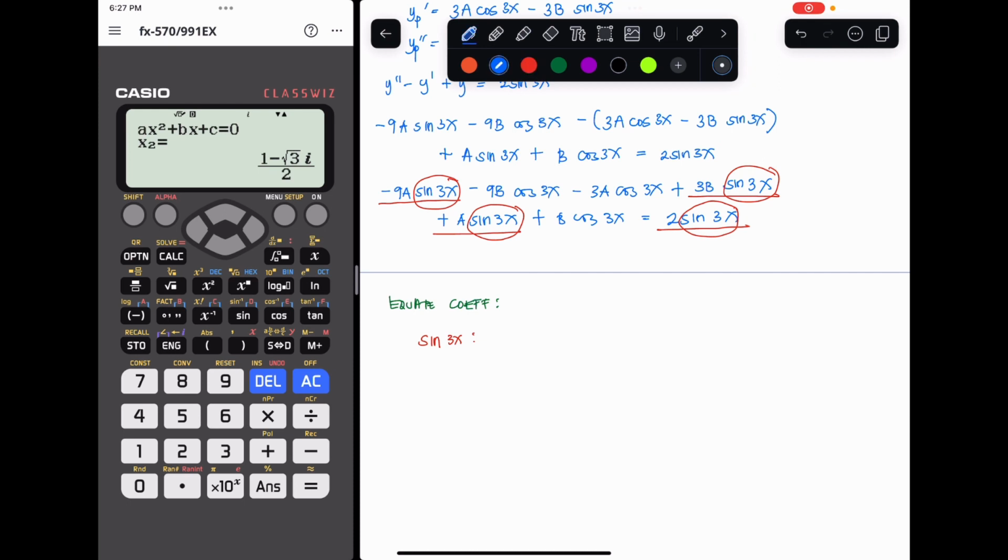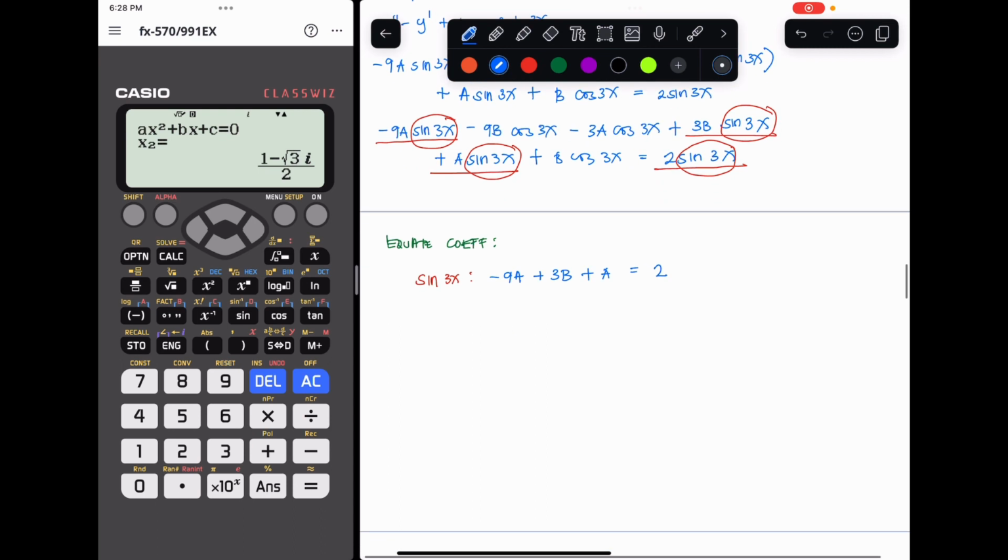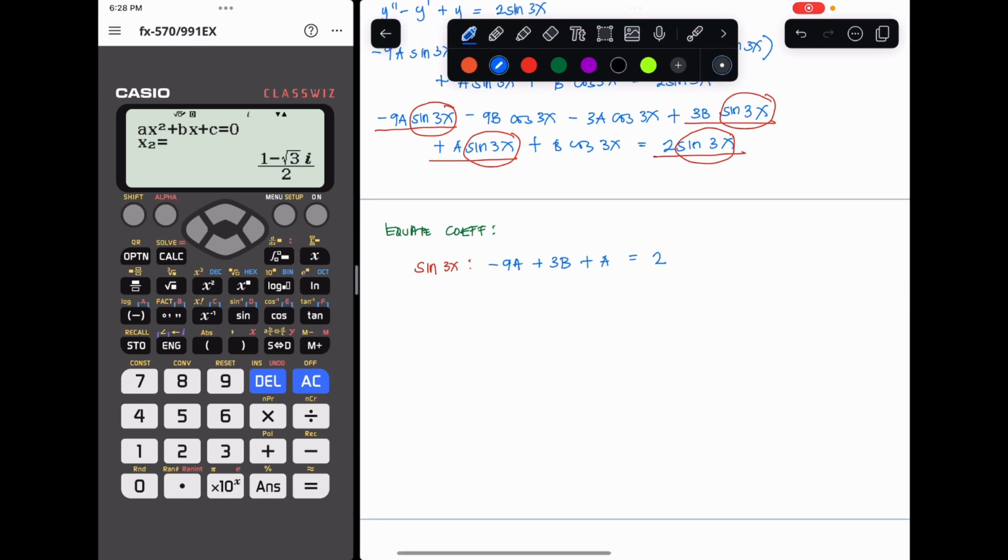And we write: negative 9a, the coefficient. The second is positive 3b. And then the third is positive a, is equal to 2. So we combine similar terms: negative 9a plus a is negative 8a, plus 3b is equal to 2.